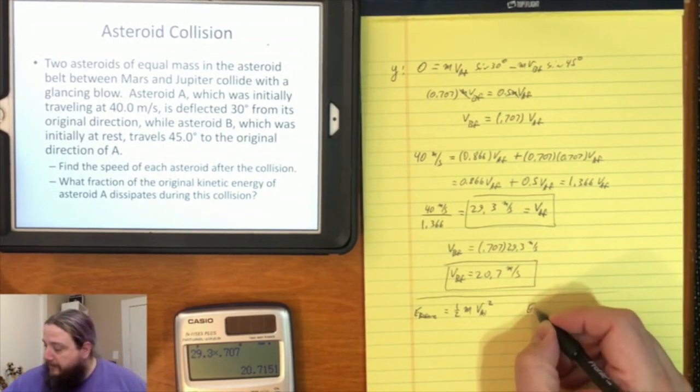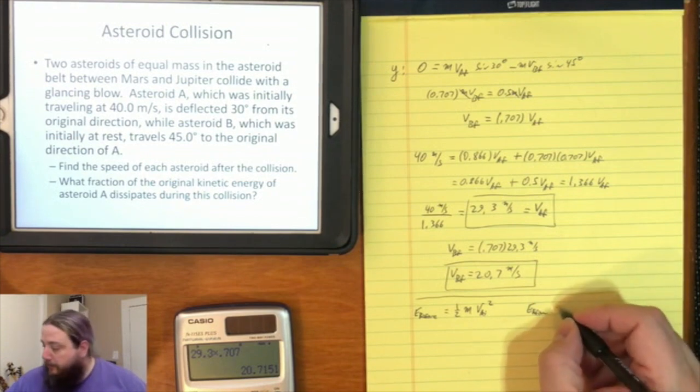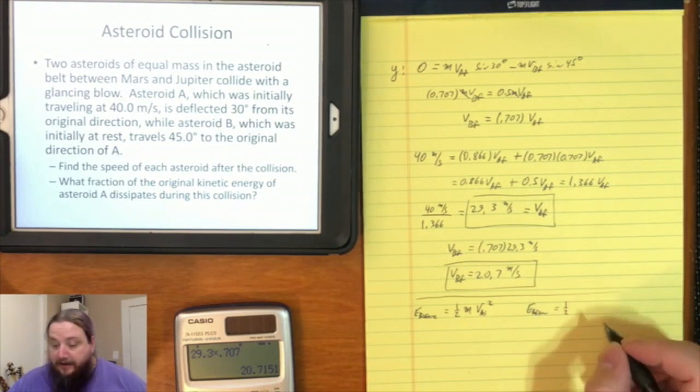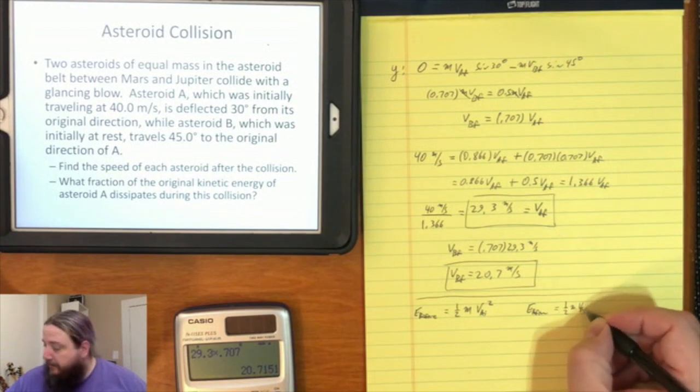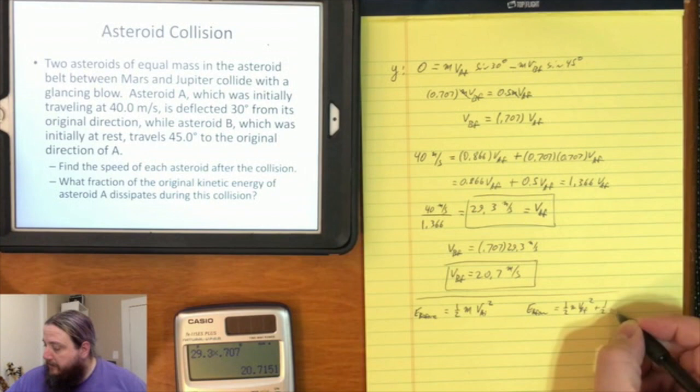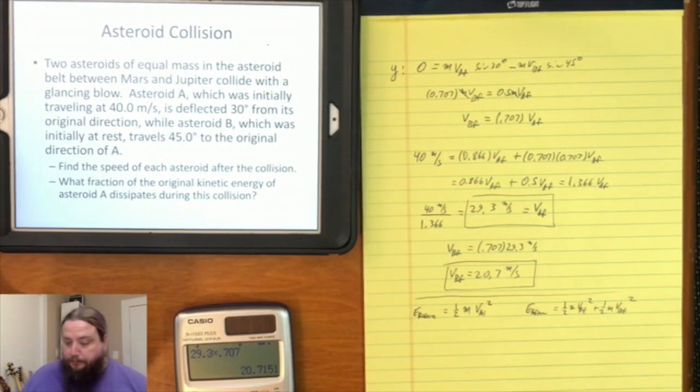And our final energy afterwards is the kinetic energy of both of those. So 1/2 m VA final squared plus 1/2 m VB final squared.